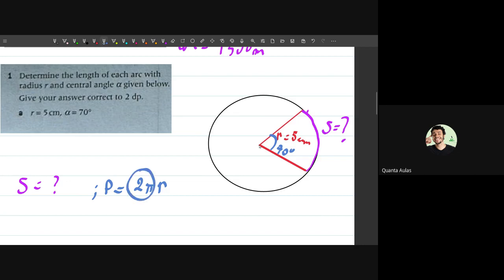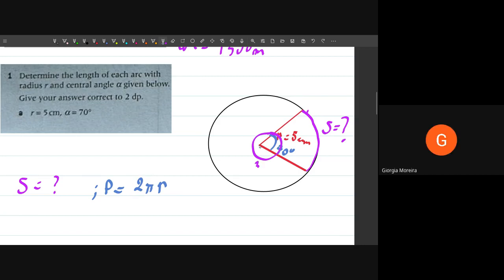But what is 2 pi? 2 pi is because we have an entire turn. The entire turn in radians is 2 pi.